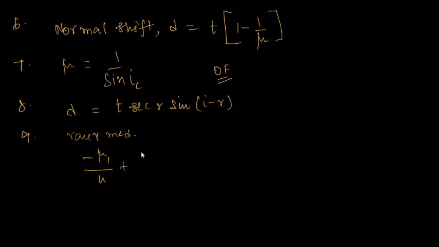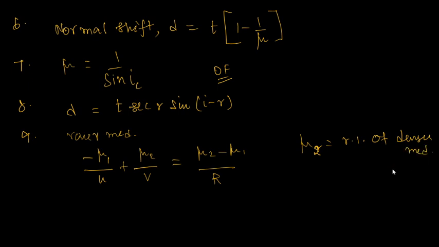So this is another derived formula. This is very important. You have to learn all these formulas by heart. Now what is mu 2? Mu 2 is the refractive index of what? The denser medium.